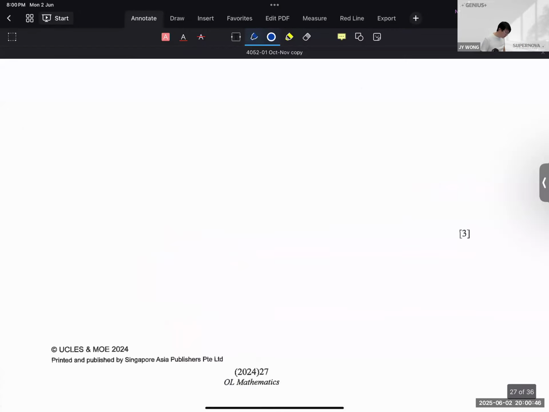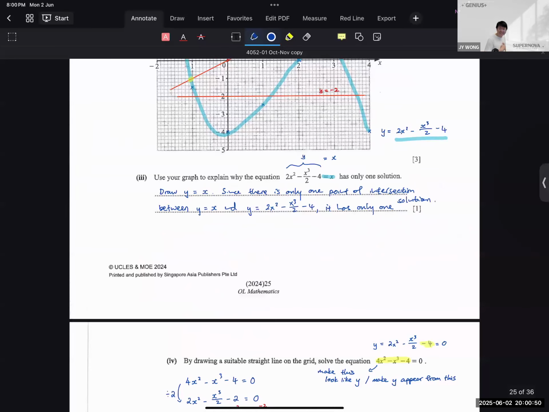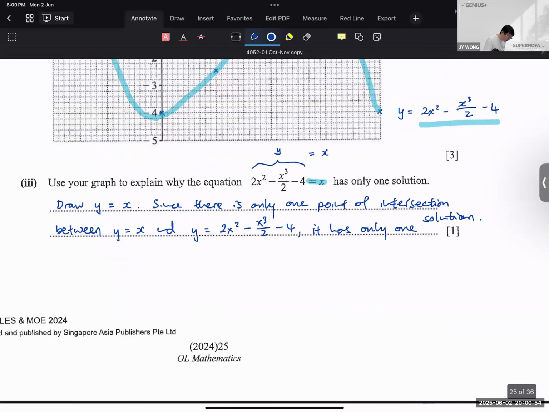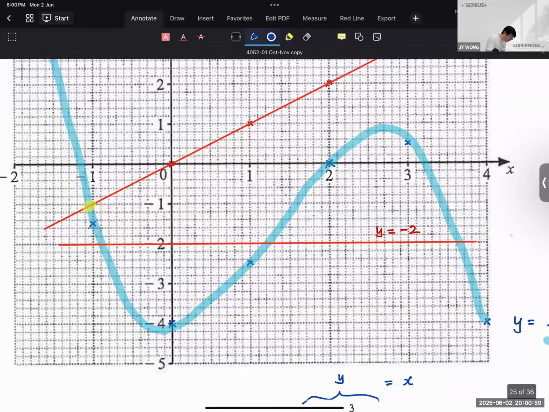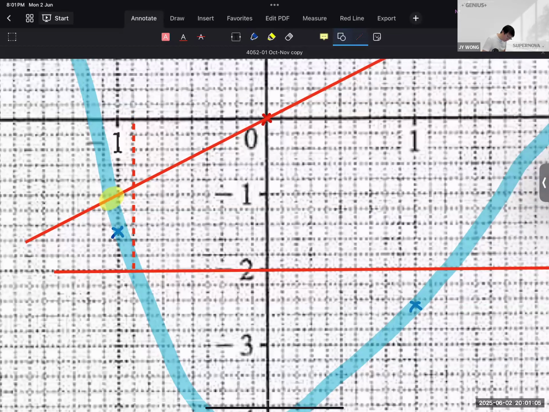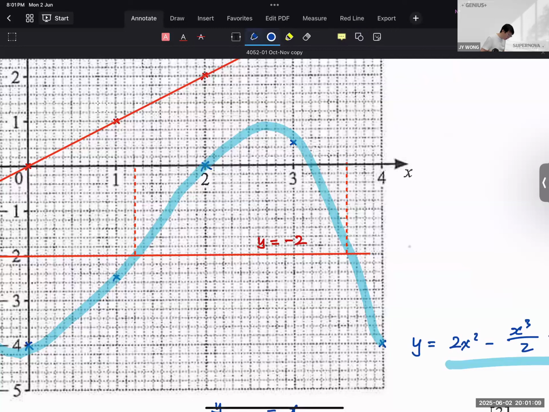But here got 3 solutions, they decide that I'm not going to tell you that there are 3 solutions. But there are 3. How do I read the 3 solutions? Draw the dotted line from the points of intersection. Okay, my graph is not very accurate, so I won't get a very accurate reading. But 1, 2, 3. This should be the 3 values of x that you need to mark up.